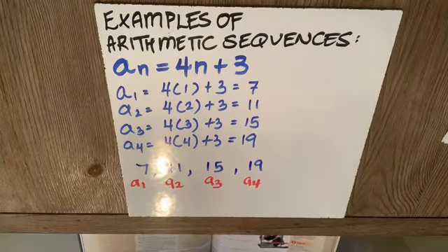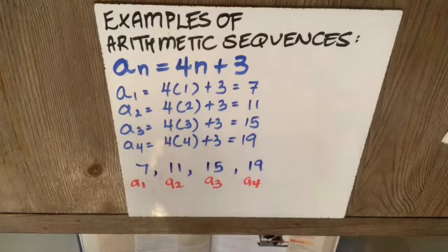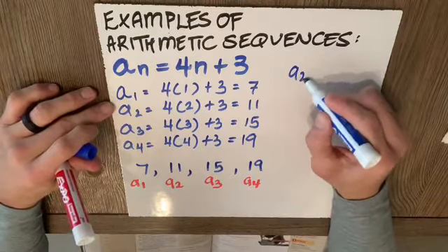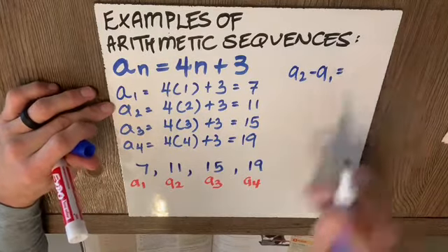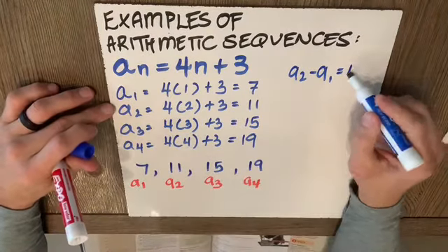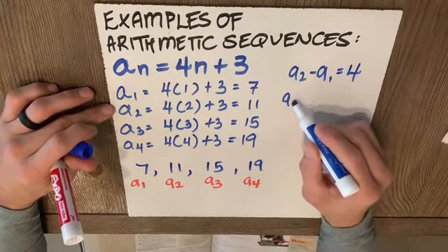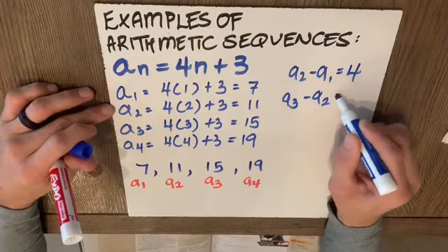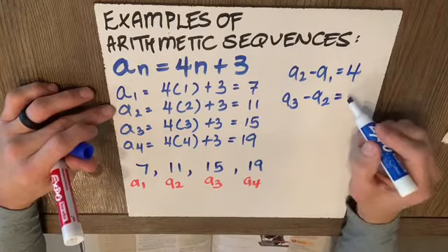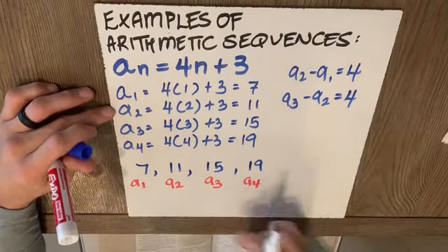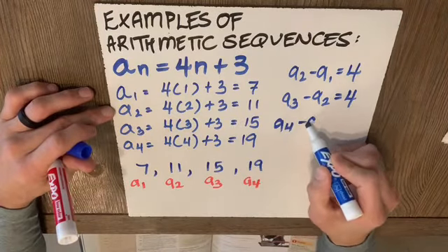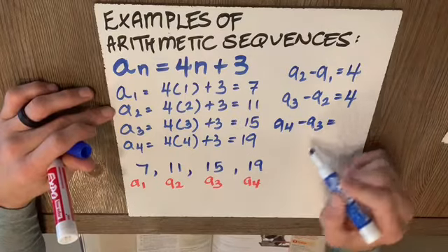Now I can test that. Is A2 minus A1, 11 minus 7, the same as A3 minus A2, which is 15 minus 11, the same as A4 minus A3, which is 19 minus 15?